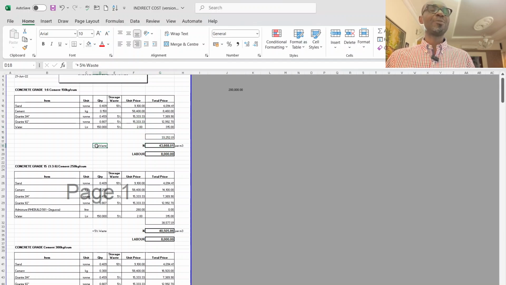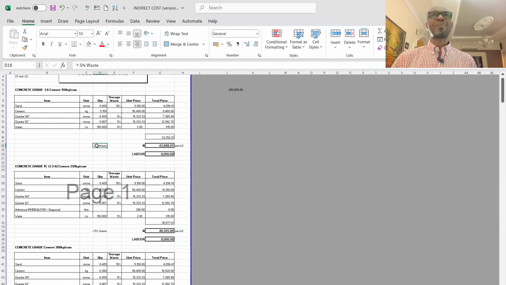Normally, the 5% we are all taught in school, you have to apply, you make provision for shrinkage, you make provision for, what do you call it, when you are transporting it, some of the concrete will fall over and all. But basically, big construction companies keep data from their various projects, and this data helps them to determine the level of waste in terms of concrete, plastering, masonry.